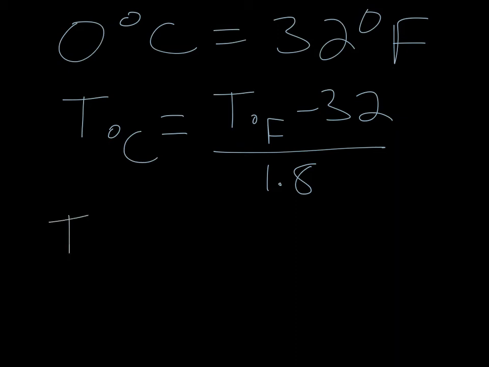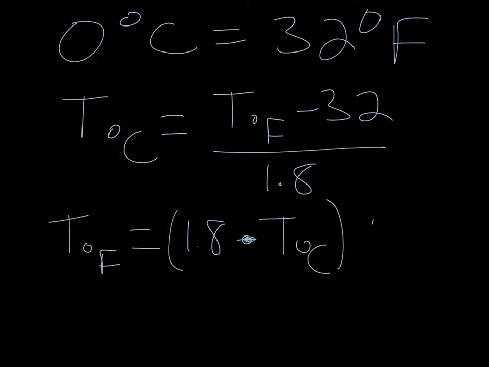If I rearranged this in terms of degrees Fahrenheit, if that's what I wanted to solve for, it would be 1.8 times the temperature in degrees Celsius plus 32. So this is the same equation, just written two different ways.